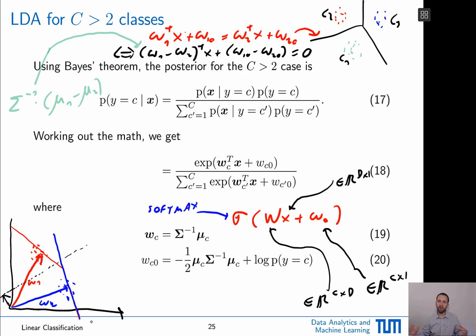Please become familiar with this matrix notation again, which we also used in linear regression a bit already. But here it's on different models. We have per class, combining them all together, and then having this multivariate extension of the sigmoid, the softmax. This is a very compact representation of our LDA model.